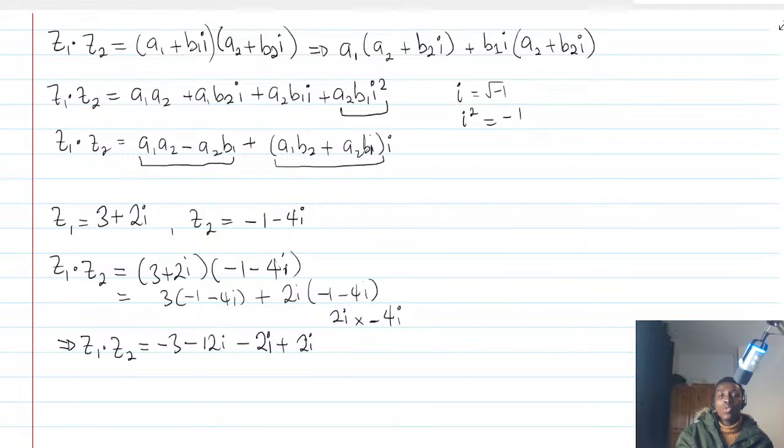So it was supposed to be minus 8i squared. But what happens is that i squared is minus 1, so then you end up getting plus 8.